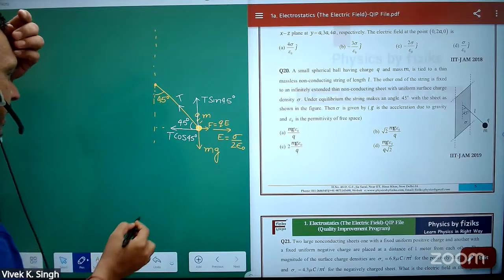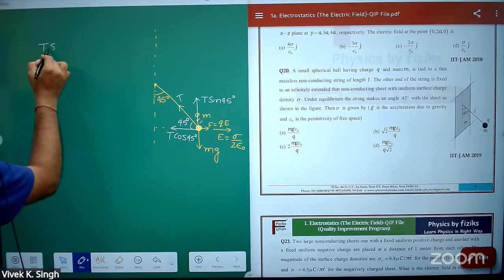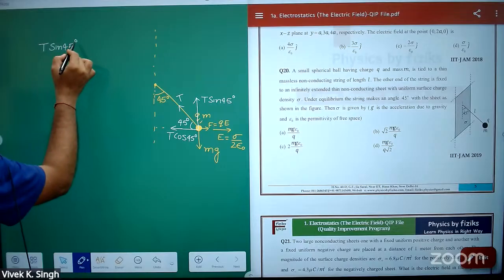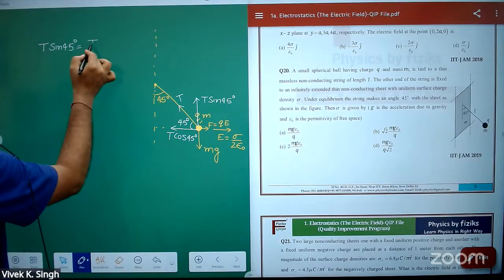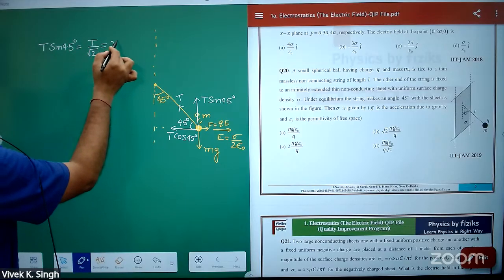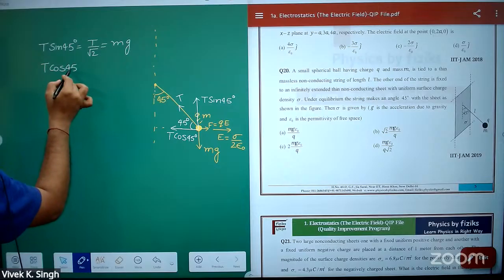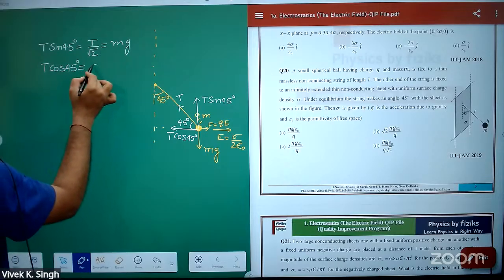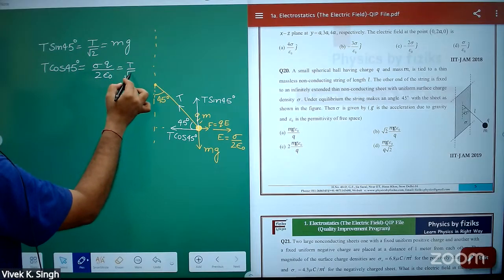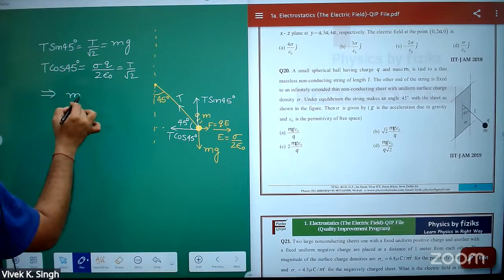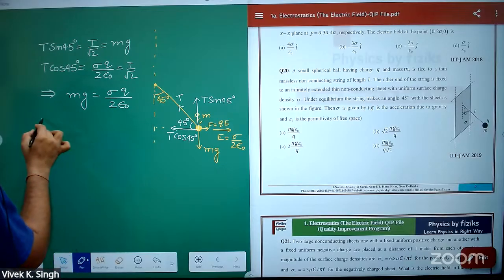In equilibrium, T sin 45, which is T by root 2, is equal to mg. And T cos 45, which is also T by root 2, is equal to sigma Q by 2 epsilon naught, that is Q into E. So this gives mg equals sigma Q by 2 epsilon naught.